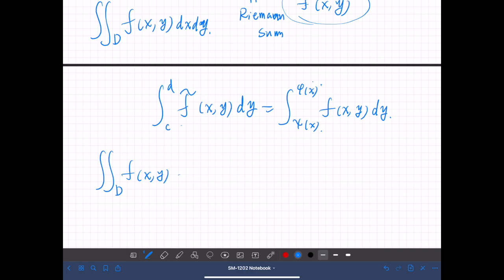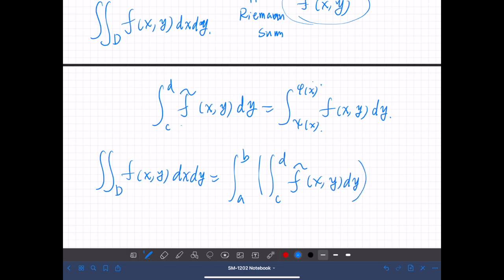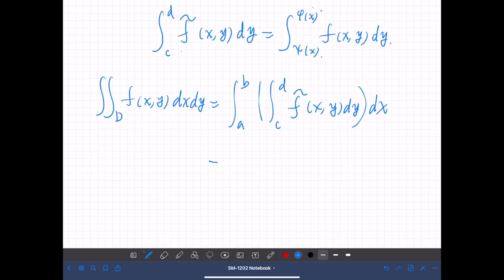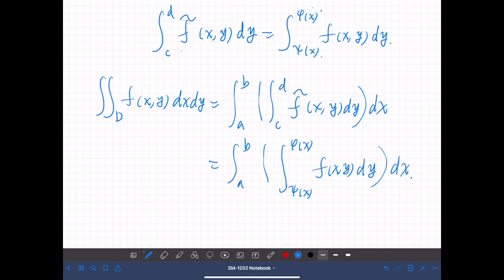This is equal to this integral of f tilde, which is equal to the integral of f from psi of x to phi of x, dy dx. And we are done.